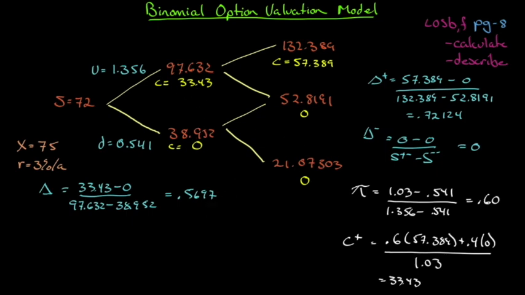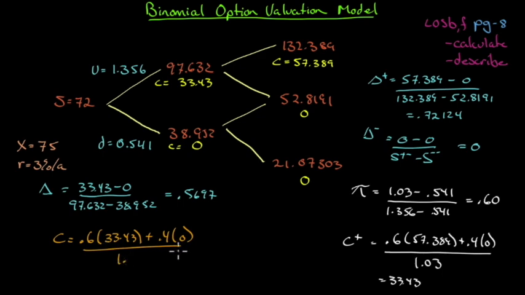So now we are in a position to calculate the value of a call at this point in time when the underlying is at 72 and the strike is at 75, given this type of volatility and given this interest rate. Our C will equal, what's the probability of an up move? 0.6. What's the value it will take on? 33.43. Plus, what's the probability of a down move? 1 minus 0.6 times the value it will take on, discounted back.